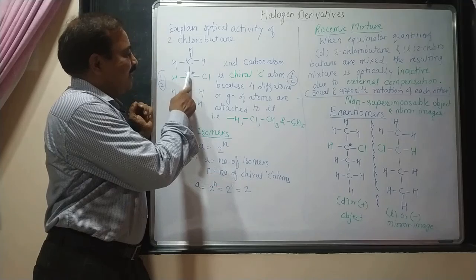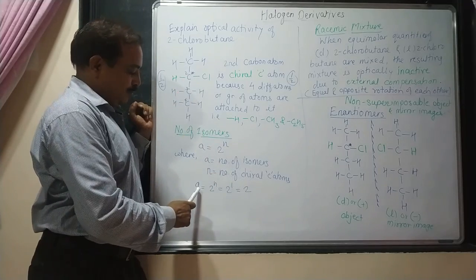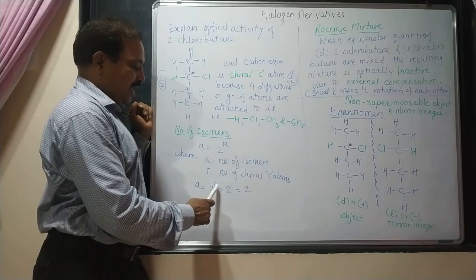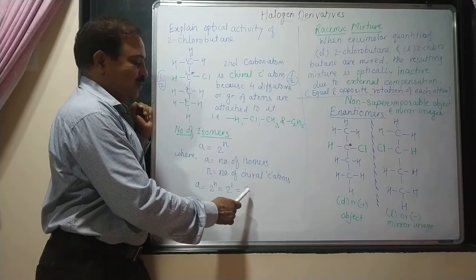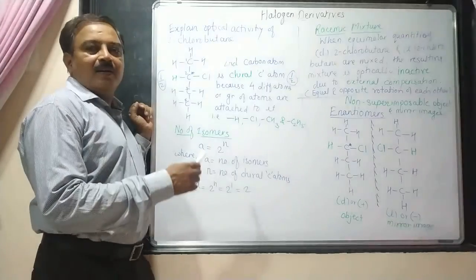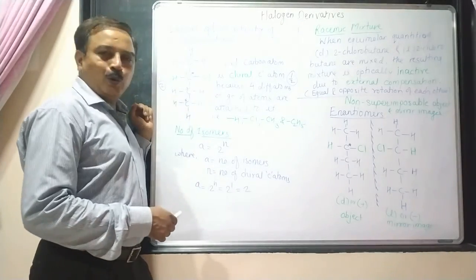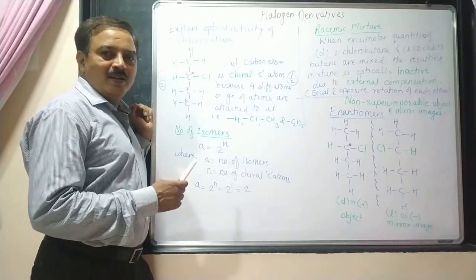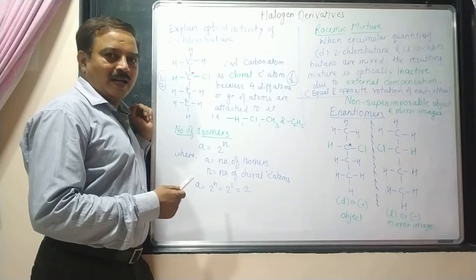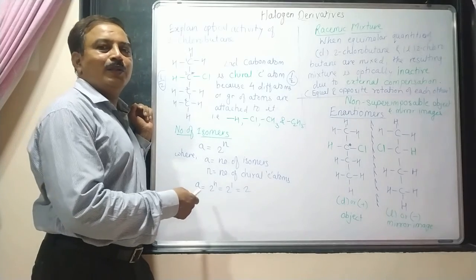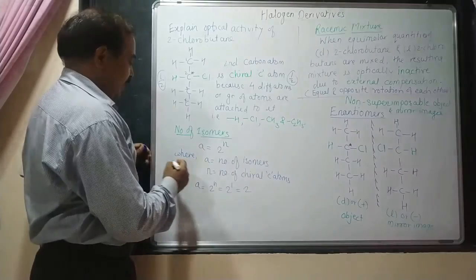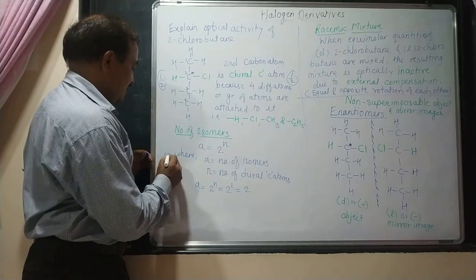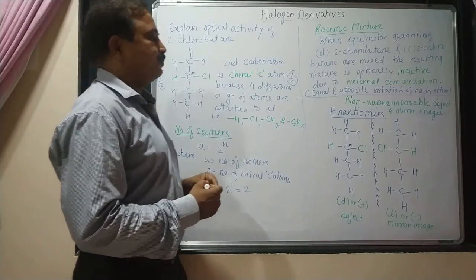Here, 1 chiral carbon atom is there, therefore A equals 2 raised to n, where n equals 1. So 2 raised to 1 is equal to 2. So the 2-chlorobutane, which has only 1 chiral carbon atom or asymmetric carbon atom, has only 2 isomers. For this point you will get another half mark.